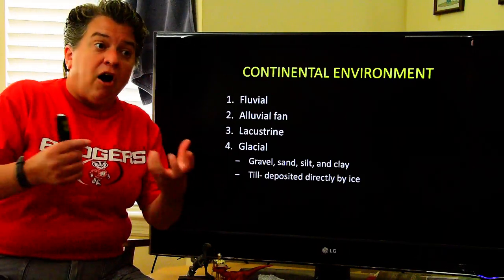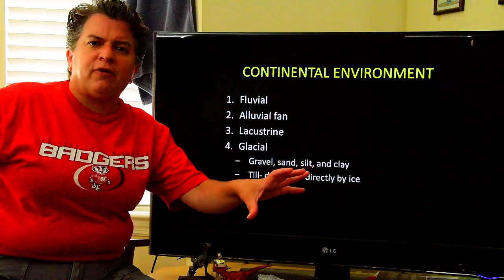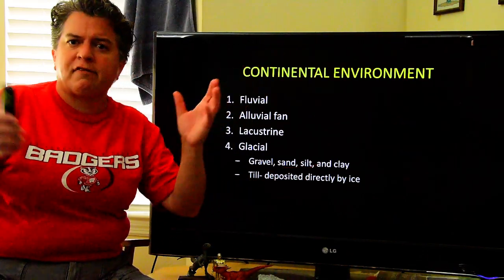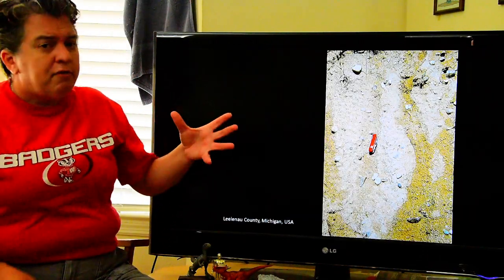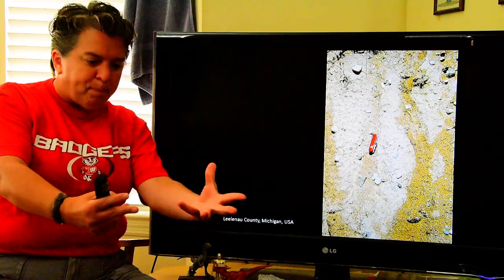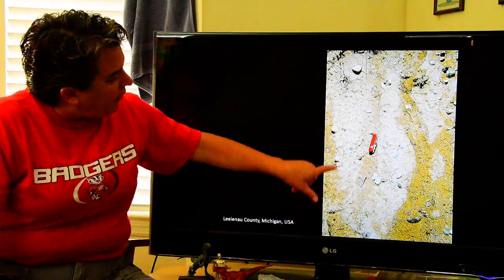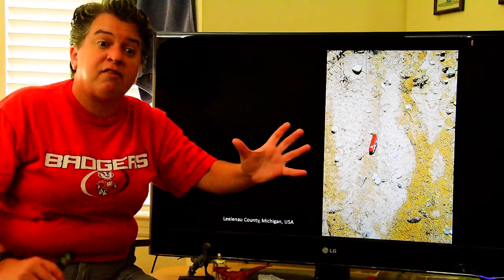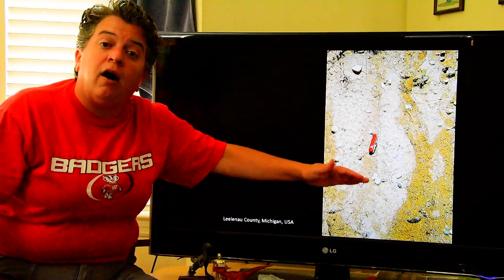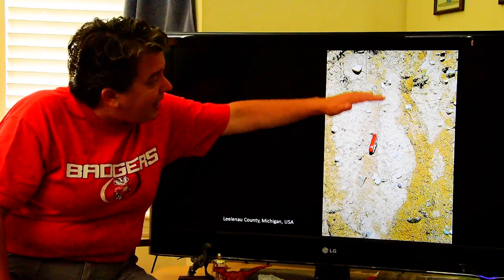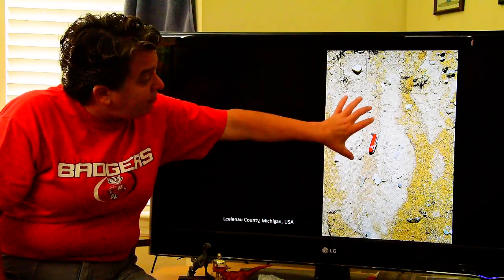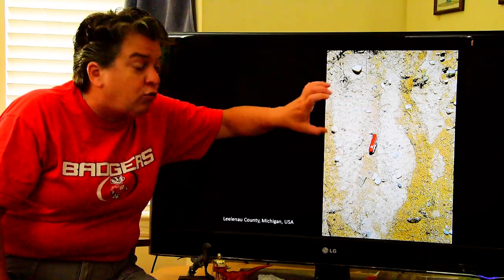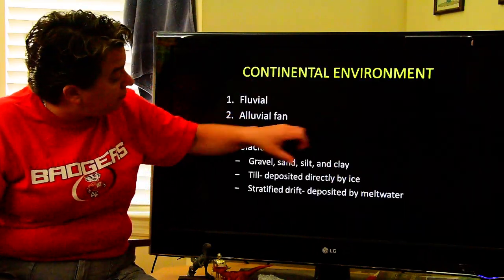But ice itself can carry every different type of sediment, big, small, all sorts of things. So then when the ice melts and it drops off this till, you get this very unsorted material. Unsorted means all different sizes and shapes. And it's also unstratified, meaning we don't see any layers in that. And that tells us this sediment was dropped directly by ice.